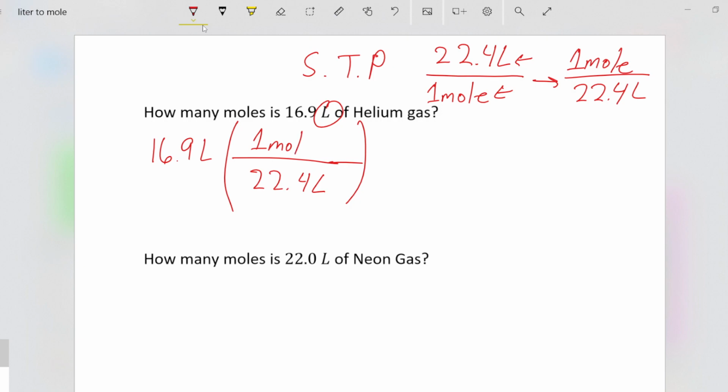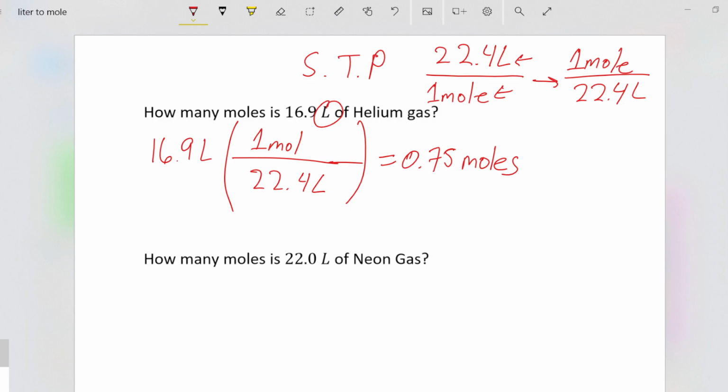I'm putting my 1 mole up above on the top deck. So I do this division, and the answer I get is 0.75 moles.